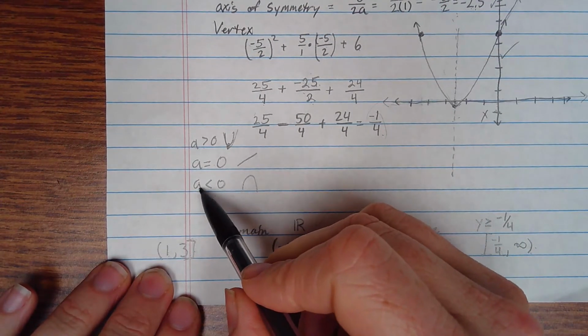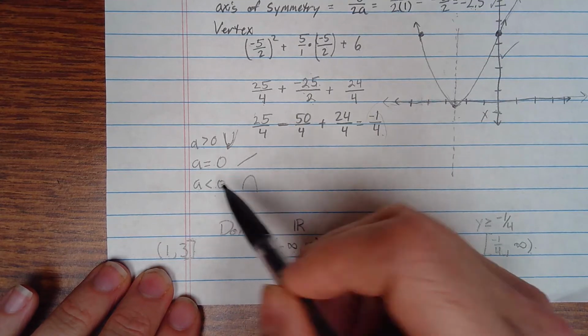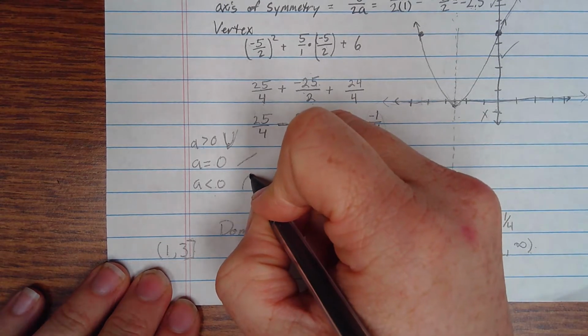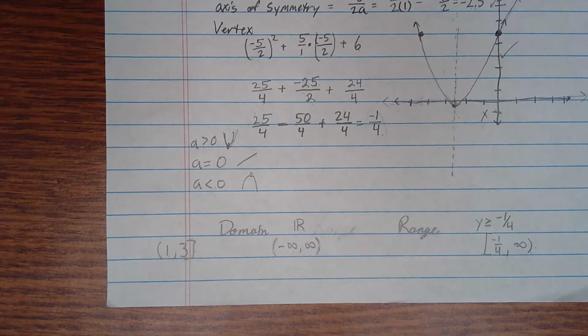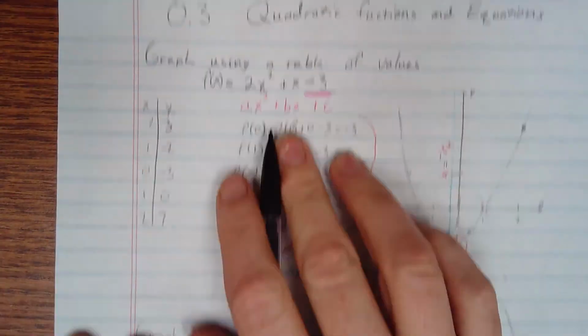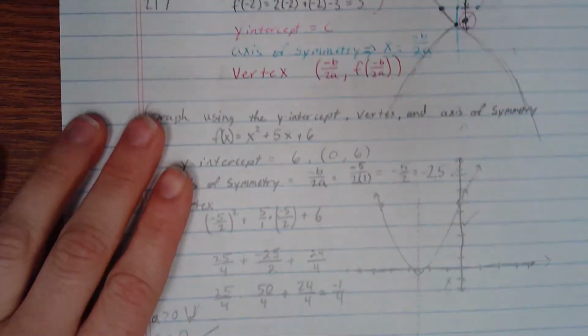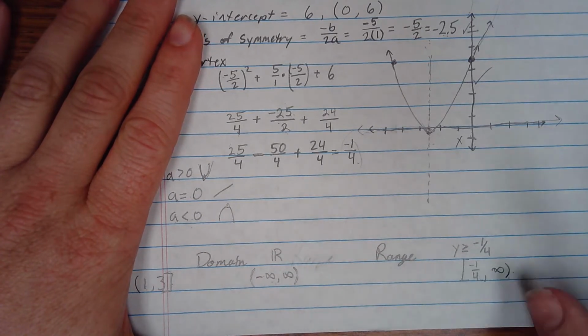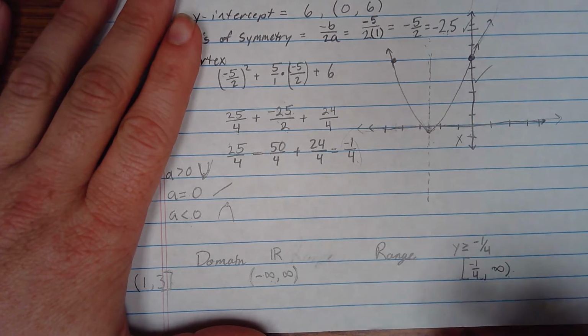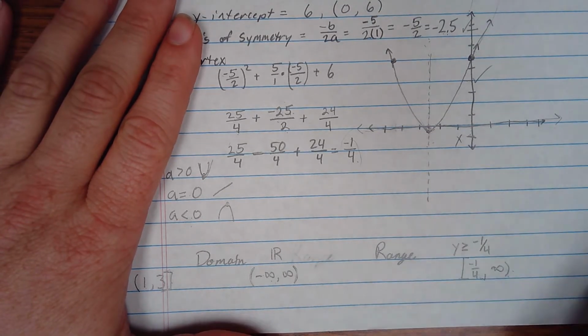And if A is less than 0, A is negative, then this vertex is going to be the highest point I can get. Now, because this is a quadratic equation, a kind of polynomial, the domain is always going to be defined everywhere. There will be times when we deal with domains that are not, but this is not one of those cases. Right now, we're really focusing on the range.